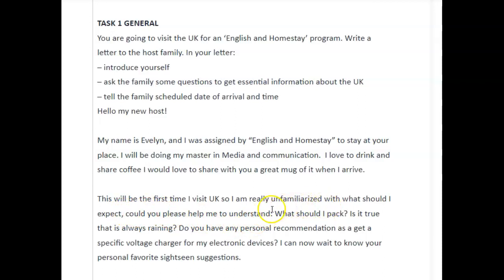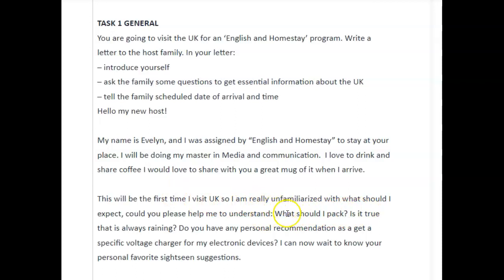What should I pack? Now again, even though we've separated this, the grammar could be a little better. Rather than having this colon here, I think you could have just combined this into one nice formal sentence. So, could you please help me understand what I should pack? That's it.